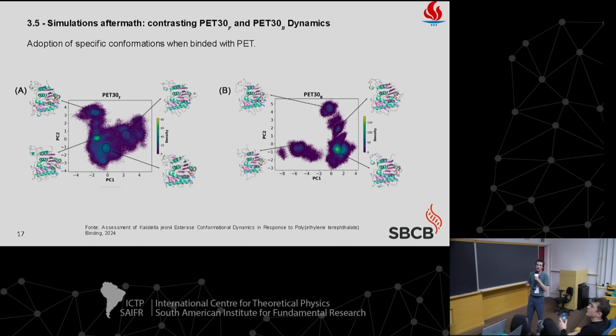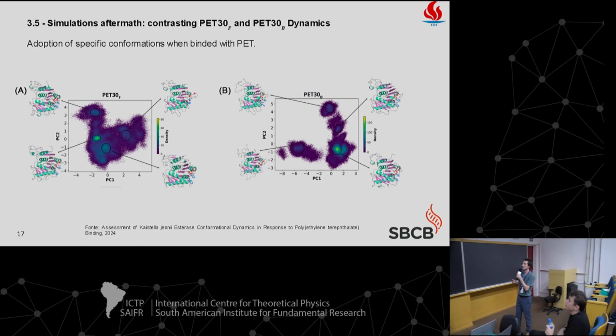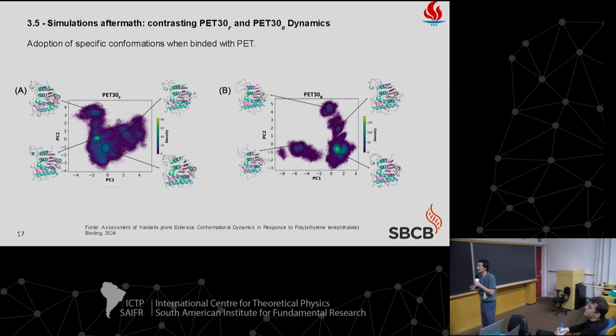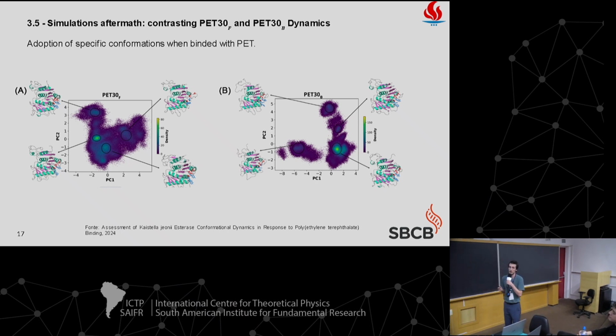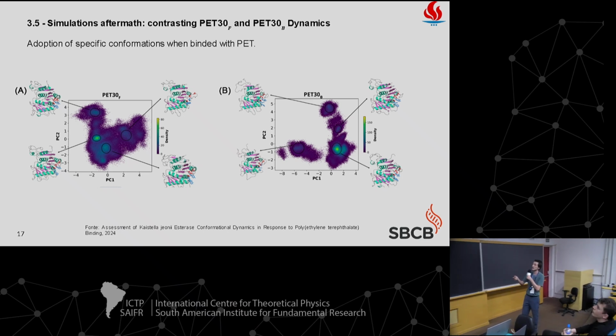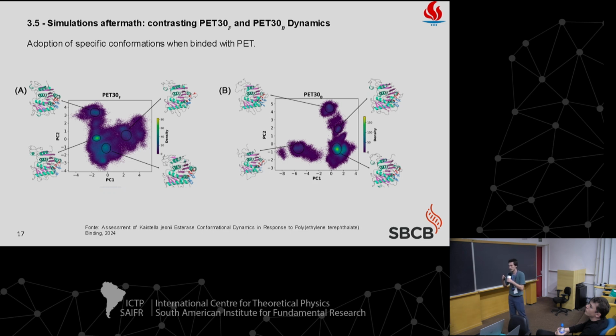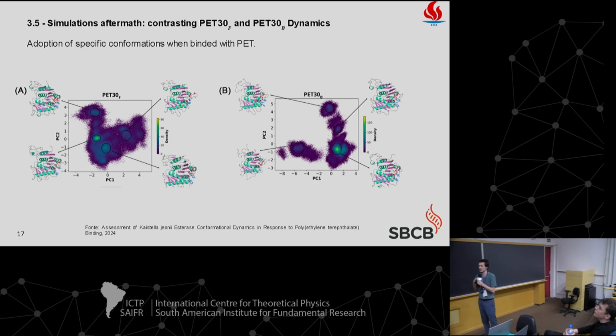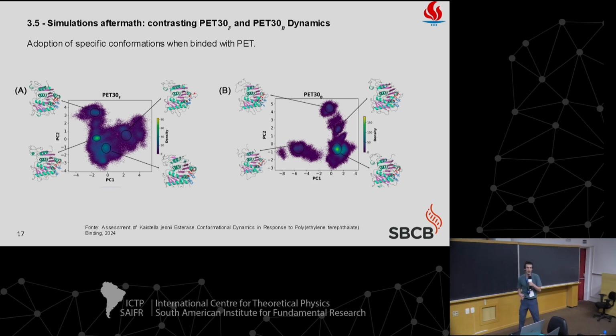This is the PCA plot, where here is the PET30 system. So let me start again. This PCA was based on the Cartesian coordinates of the backbone of the protein, and in the free PET30, the system assumes different conformations, navigating around more divergent structures.